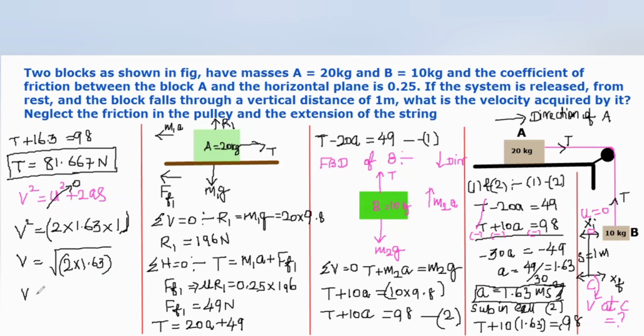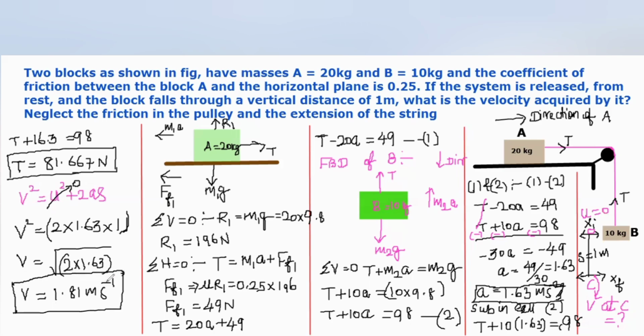So finally the velocity equals 1.81 meters second power minus 1. So this is the final required value.